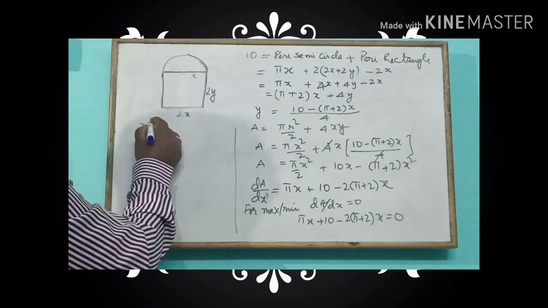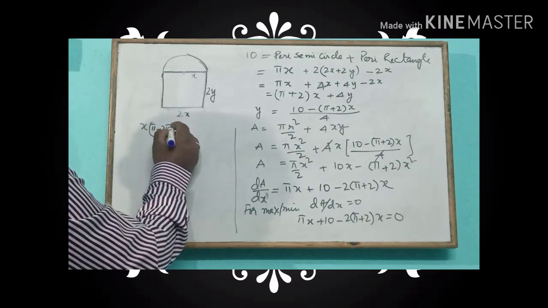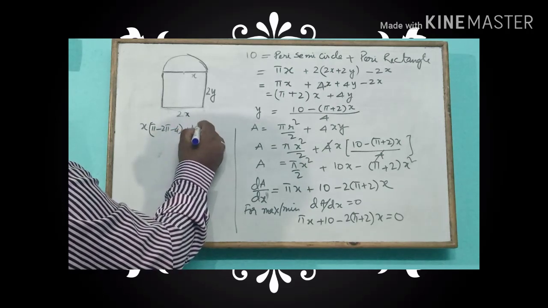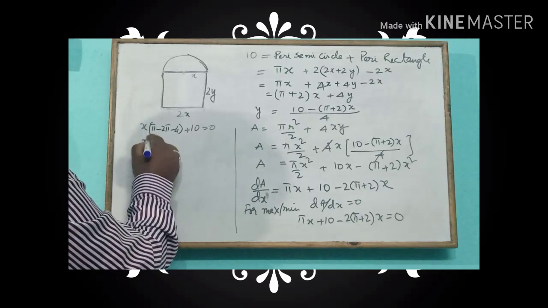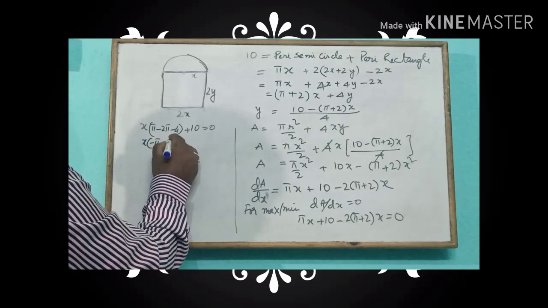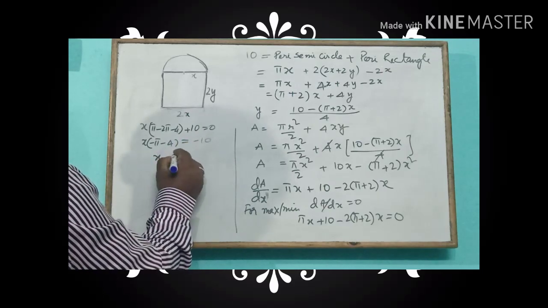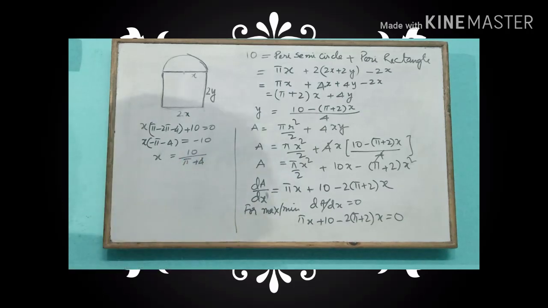You take x in common, pi minus 2 pi minus 4, plus 10 is 0, or x times (pi plus 4) is equal to 10, or x is equal to 10 by (pi plus 4).